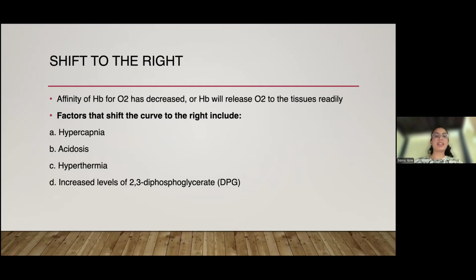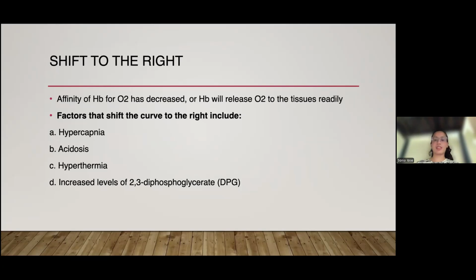Shift to the right means the affinity of Hb for O2 has decreased, that means the Hb will release O2 to tissues readily. The factors that shift the curve to the right are hypercapnia, acidosis, hyperthermia, and increased levels of 2,3-diphosphoglycerate.